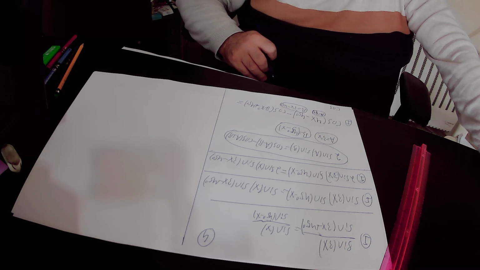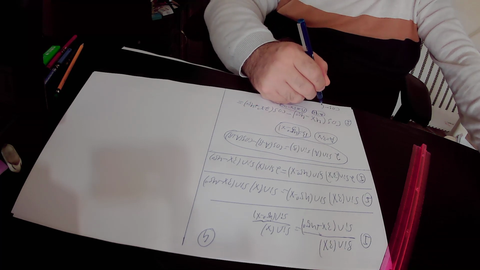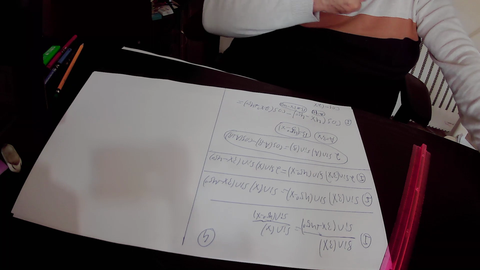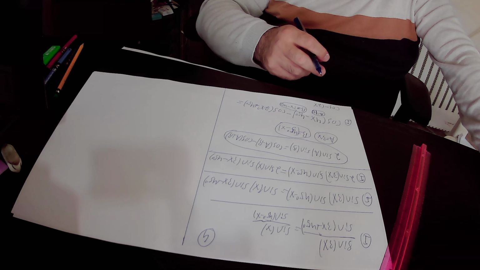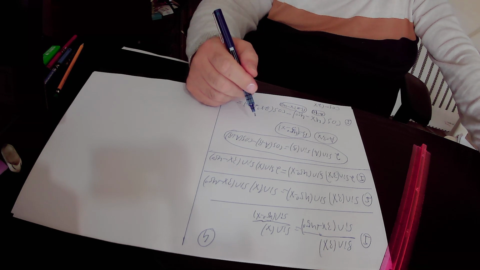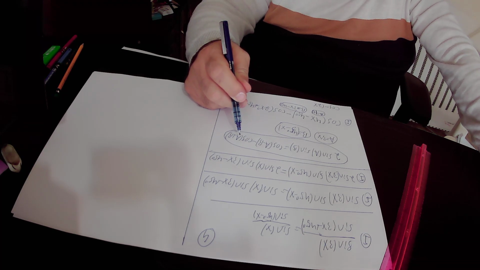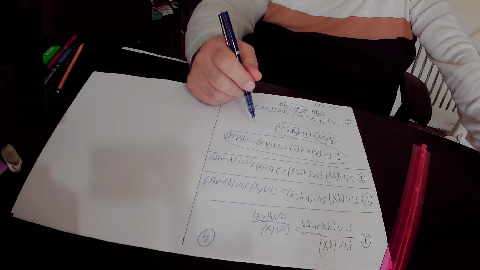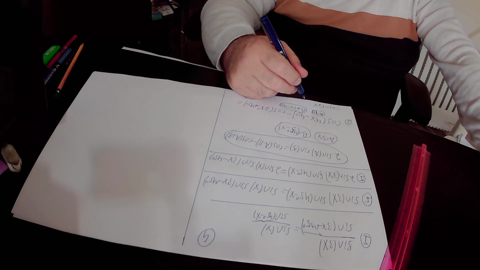So x minus 3x is minus 2x, and 0 minus 45 degrees is actually minus 45 degrees.